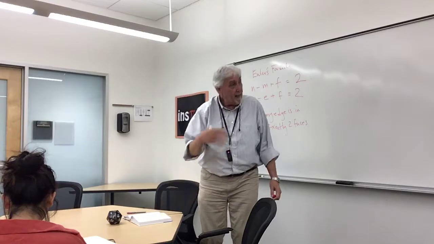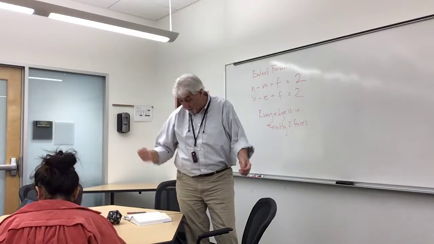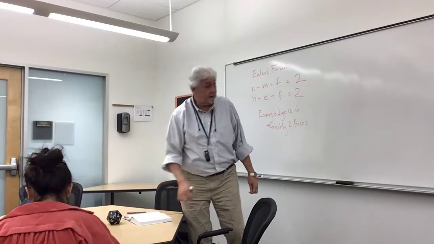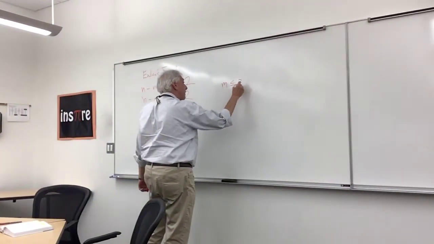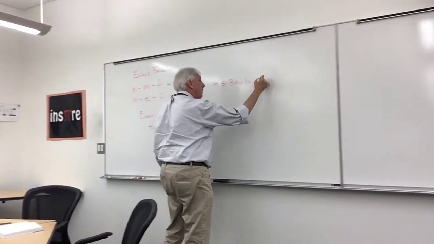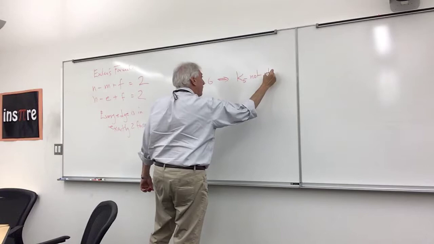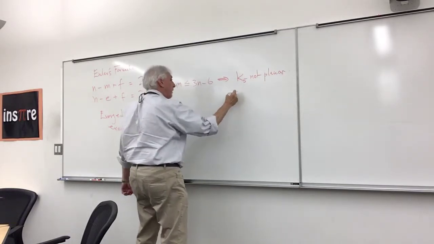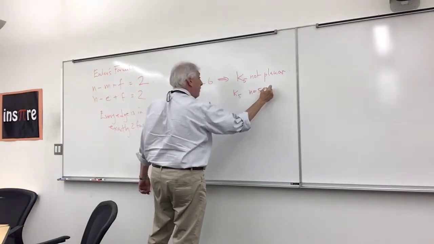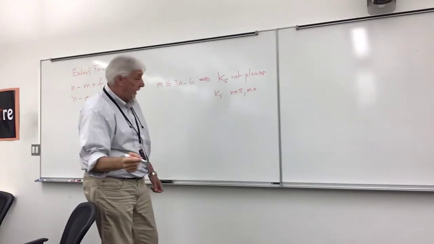Okay, so if I don't have any multiple edges, if I don't have any loops, then we know that the relationship between the number of edges, m, and the number of vertices, n, is that m is less than or equal to 3n minus 6. This told me that K5 is not planar, because K5, let's see, has n equal to 5, m equal to 10, thank you.